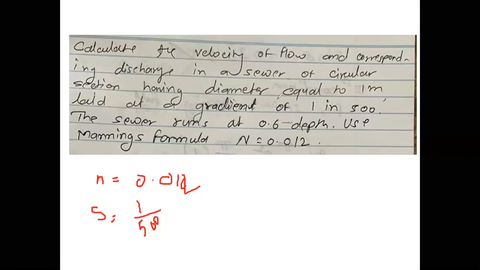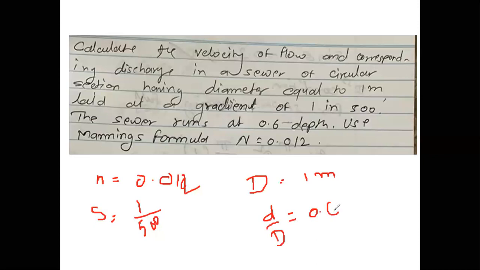Then the next one given to you is the diameter. The diameter of the sewer is 1 meter, is it? Then it is running with a gradient of 1 in 500, and 0.6 is the depth. So small d upon capital D is given to you as 0.6.